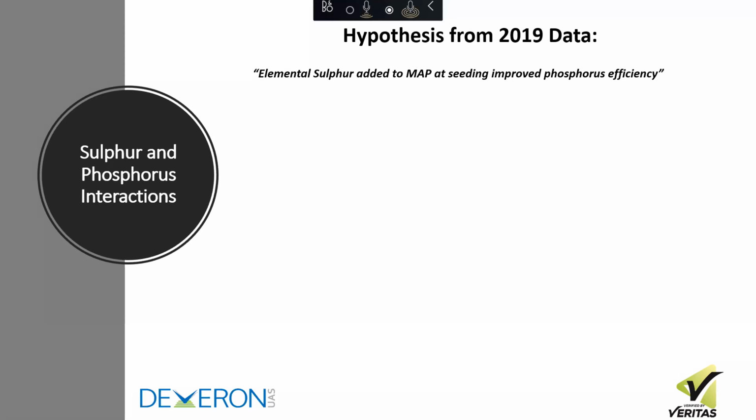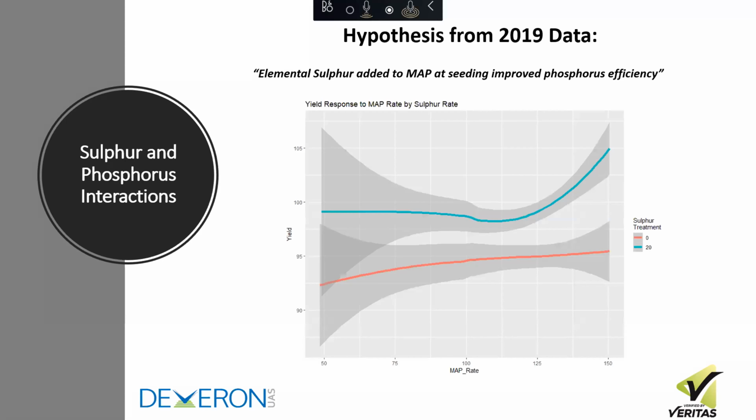Everyone else seemed to be about 110 to 130, and he was consistently right around 75 to 80 pounds of MAP was the sweet spot for him. But he was always putting in about 20 pounds of elemental sulfur. So it got me curious to test this out. So what we did was, we've got a couple guys that have 3-bin commodity carts.